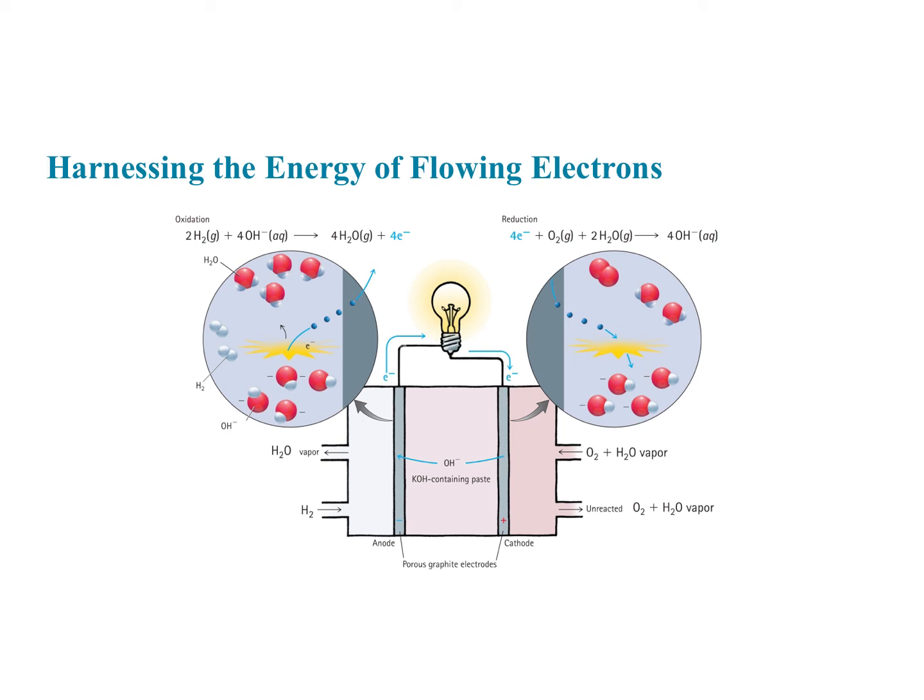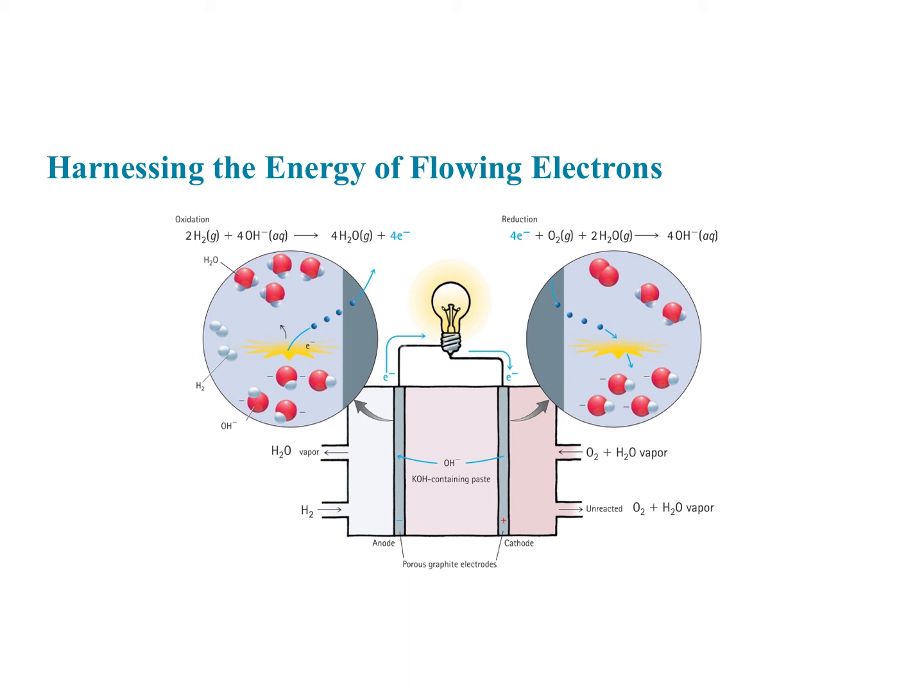These inputs are going into these compartments that are separated by these porous electrodes. You can see these porous electrodes. So we're inputting our hydrogen fuel here, and it comes in contact with this electrode and it becomes oxidized.